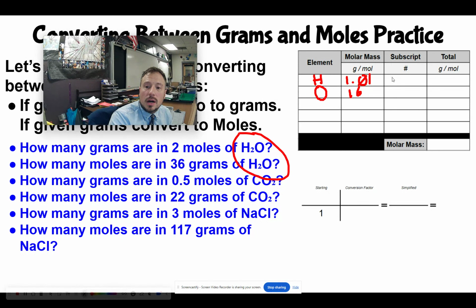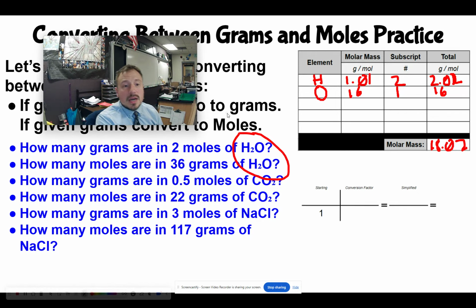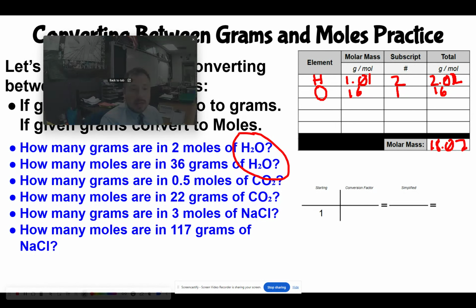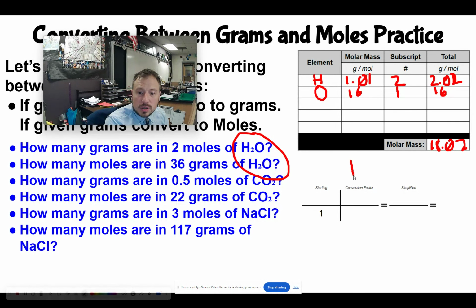Well, I've got 2 hydrogens, 1 oxygen, multiply across, 2.02, and this is going to be 16. Add them, it's going to be 18.02.